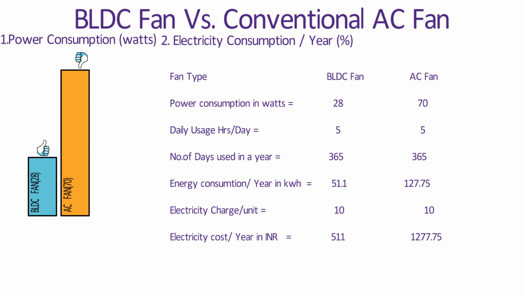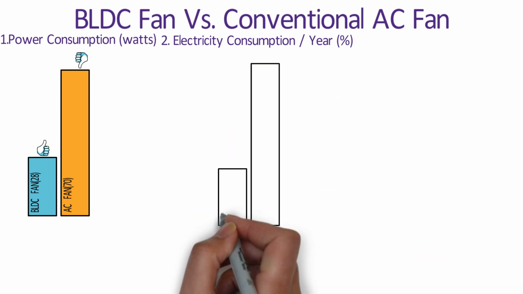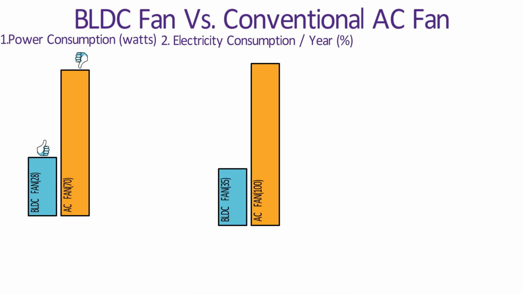Assume your electricity charge per unit is 10 rupees. Obviously you have to pay 511 rupees for a BLDC fan, 1277.75 rupees for AC fan. Again, thumbs up for BLDC fan for consuming very less energy. That is only 35% of energy consumed when compared with AC fan.